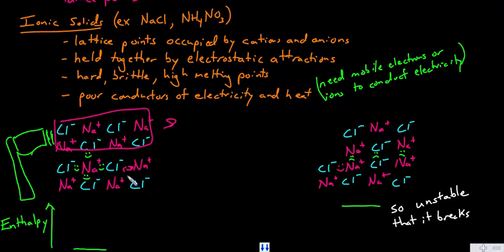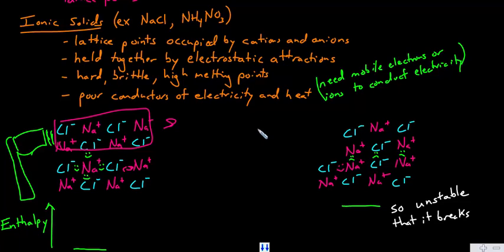Particles might switch places to have repulsive interactions. And so, because that's so unstable, a very high temperature is needed to drive that to occur. So a high temperature is needed to melt ionic solids. They have high melting points.